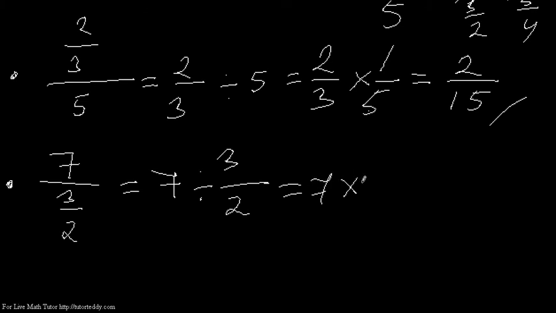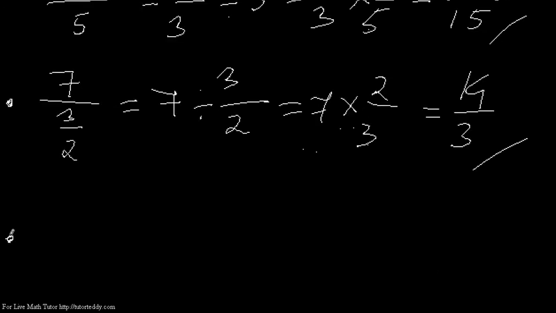I take the multiplication sign and take the reciprocal of 3 by 2, which is 2 by 3. Now 7 is actually in the numerator, and in the denominator I have 1. So 7 into 2, 7 twos are 14, and in the denominator 1 into 3, 1 three is 3. So 14 by 3 is the simplified form of this complex fraction.